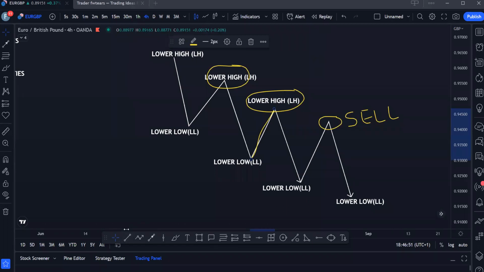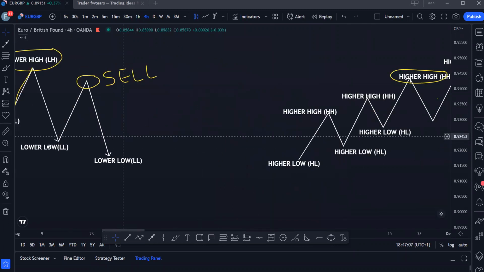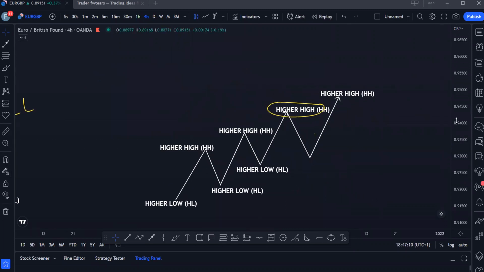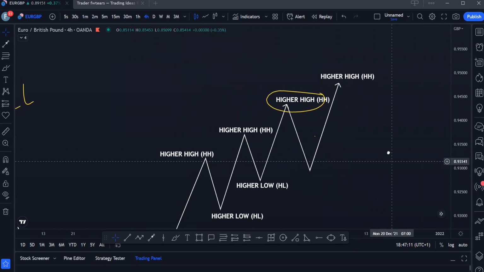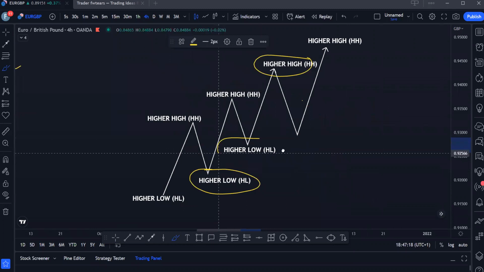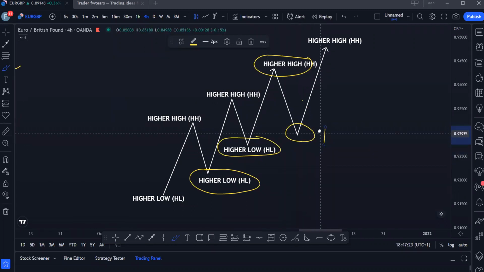Okay, but right now, I'm taking it step by step. As you have noticed, I don't want you to miss any important point. In a downtrend, you want to sell at lower high. Meanwhile, in an uptrend, you want to buy at the higher lows. So at the higher lows is where you want to look for buy opportunities.